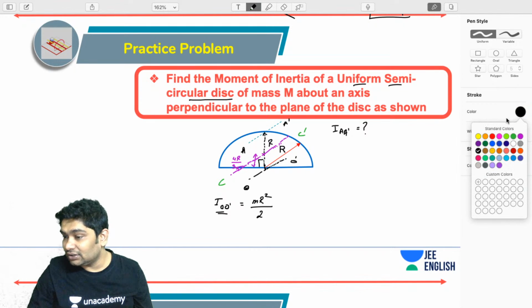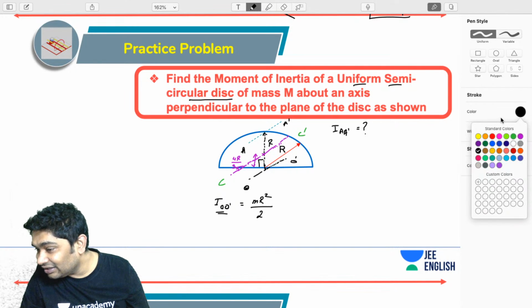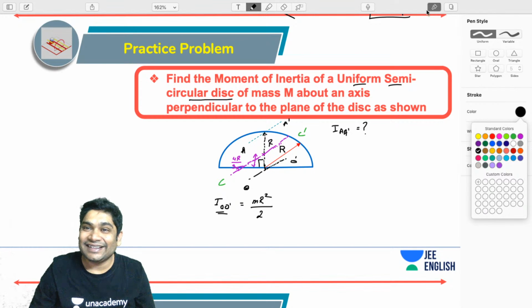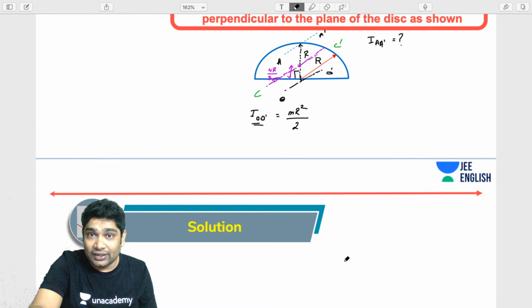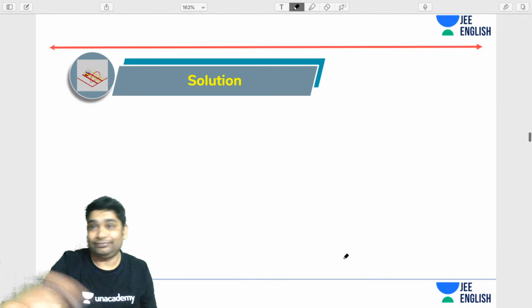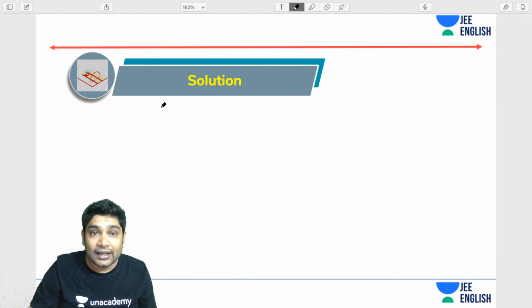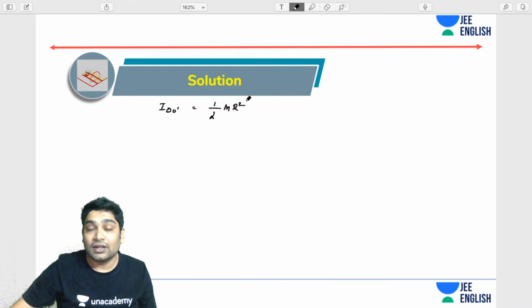So how do we solve this? No, I don't think that is correct. The answer would be slightly more complicated. So what I will do now is write down what all we know. We know IOO dash is 1 by 2 MR square, right?